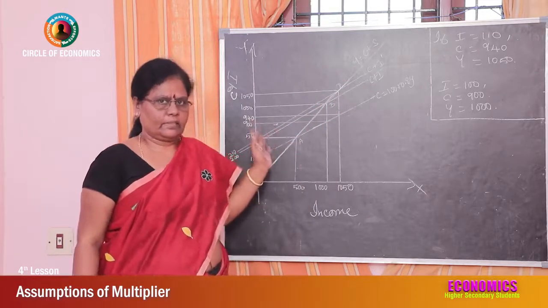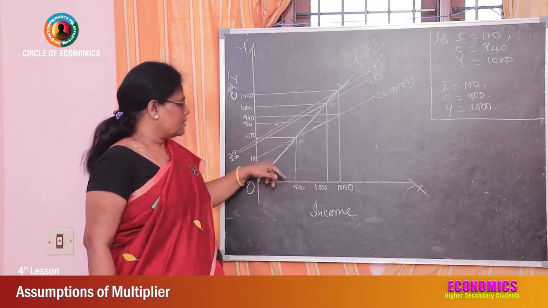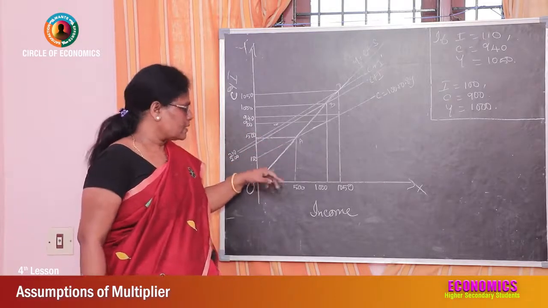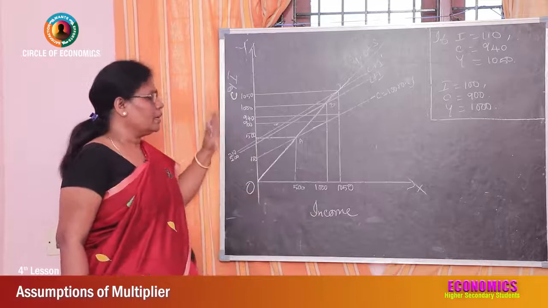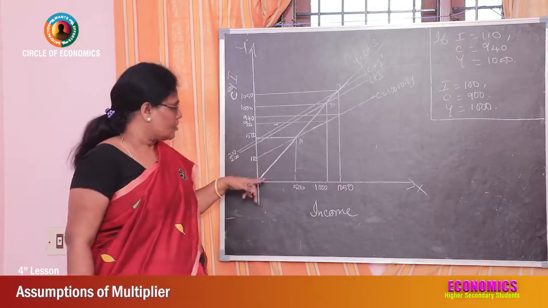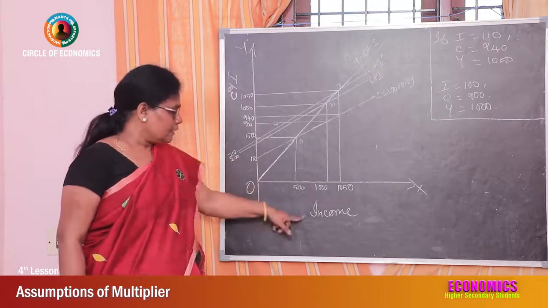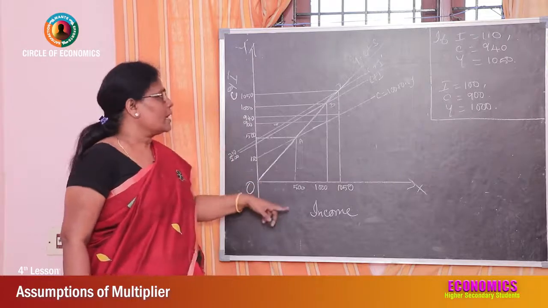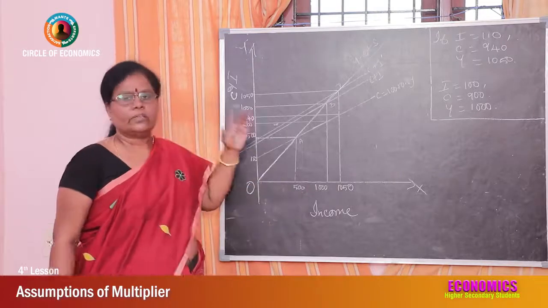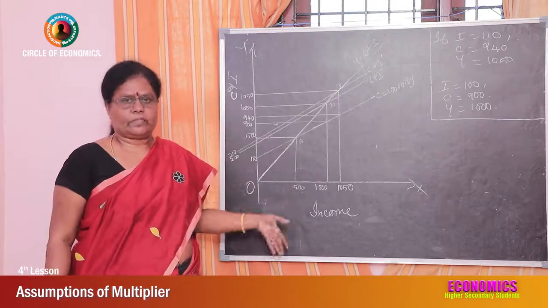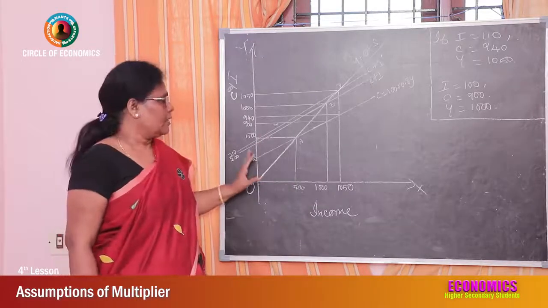All of you know, isn't it? Any point on this 45-degree line indicates all the income is spent on consumption. So on this point, income is equal to consumption as well as income is equal to investment for further investments. Now listen.